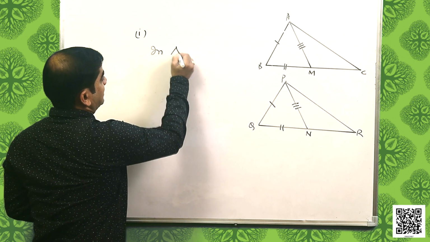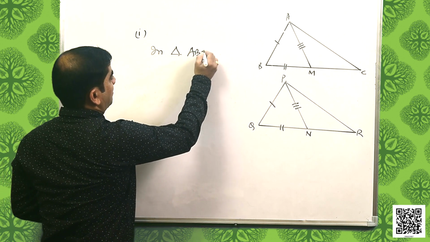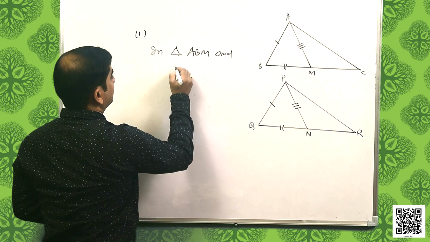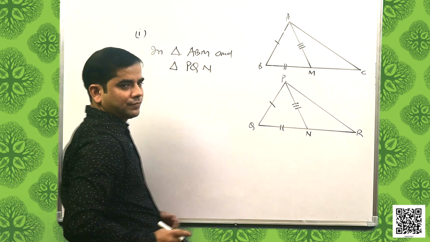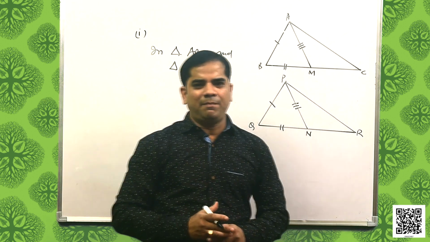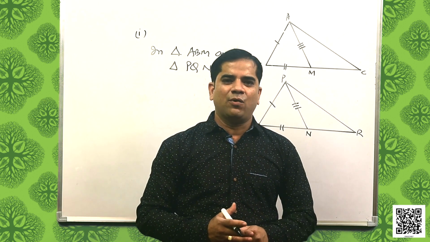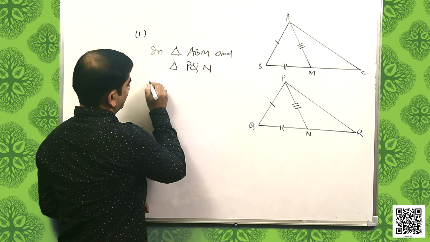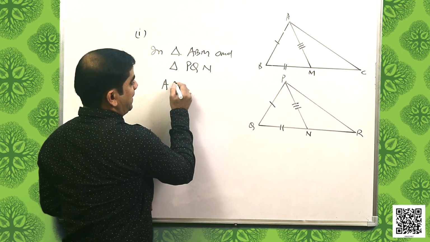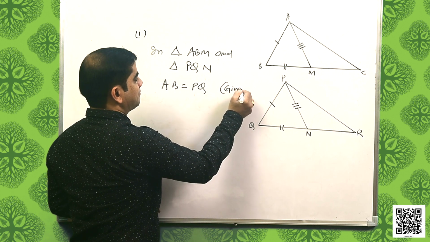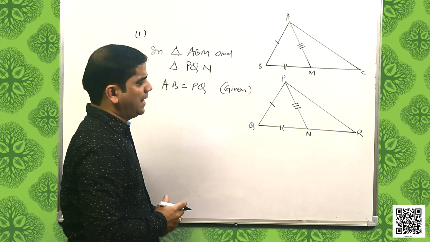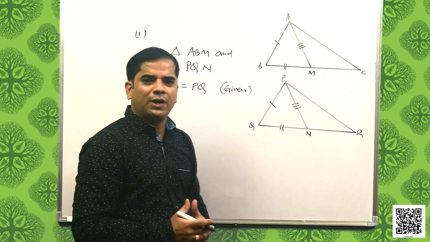In triangle ABM and triangle PQN, we have AB is equal to PQ, it is given.